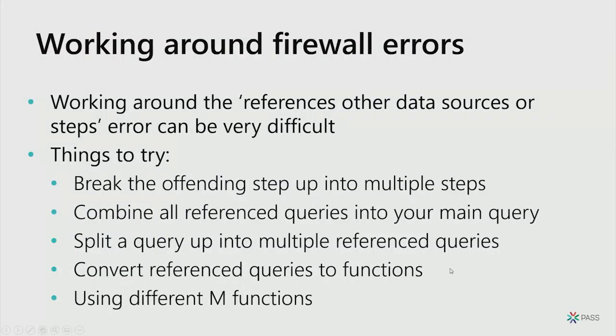There are various other different things. Generally speaking, because you've got no idea how the partitioning works for your query, it's going to be trial and error to get around this particular error. You could either put all your steps into one big query. You can take your queries and break them up into multiple different referenced queries. You can try different things by maybe merging rather than filtering. I've seen that work in the past.